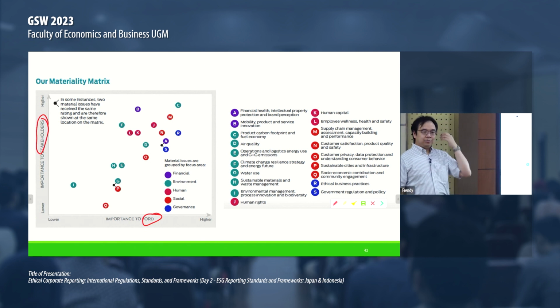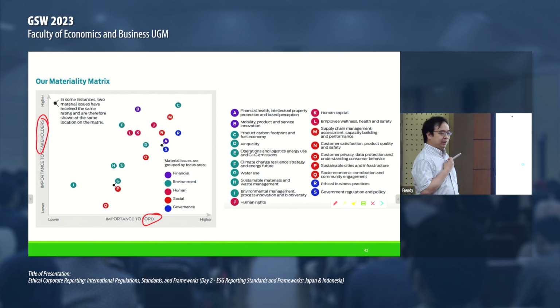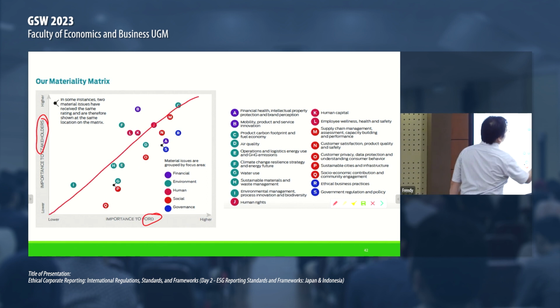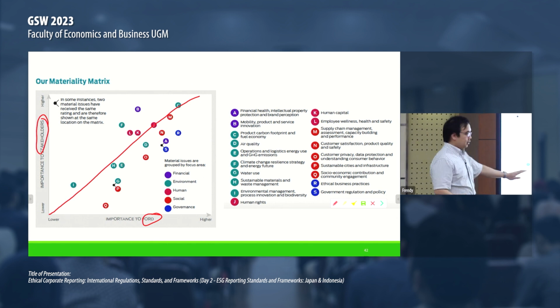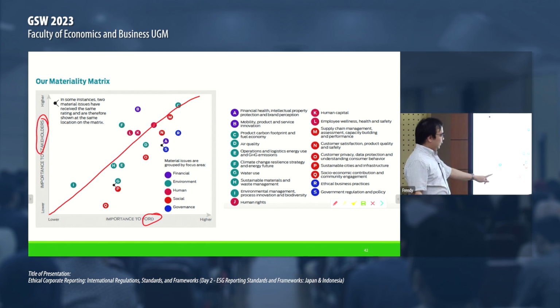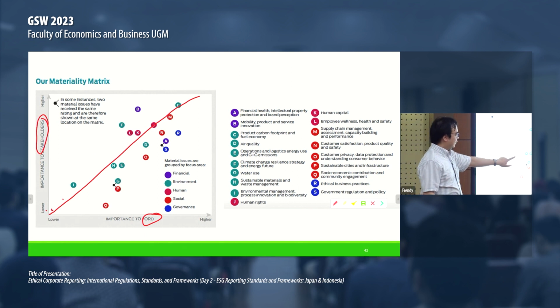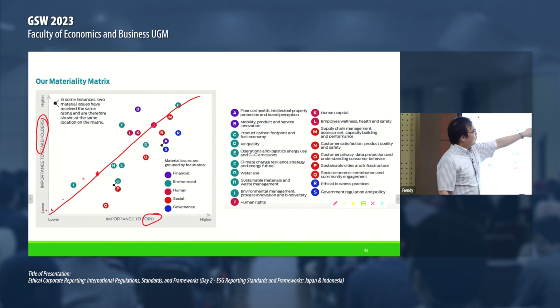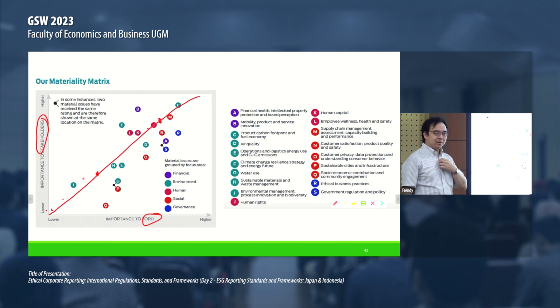Okay. So could you guess what's the ideal situation for these materiality metrics? If we have this type of line, right? Again, it's not perfect. This is the perfect line, okay? 45 degrees line. If all of the items fall within this line, let's see here. What does it mean? If it falls in this line, what does it mean?